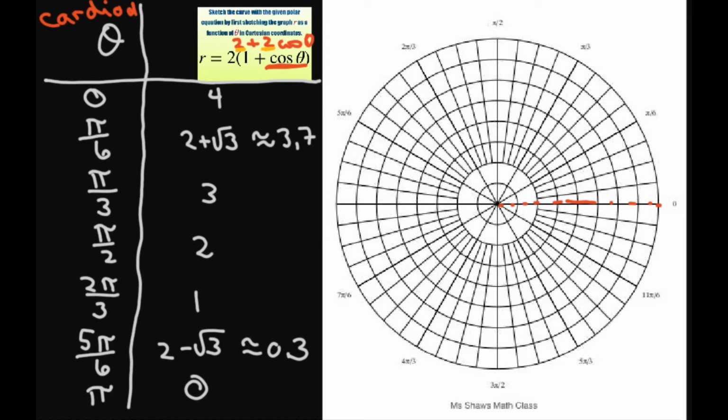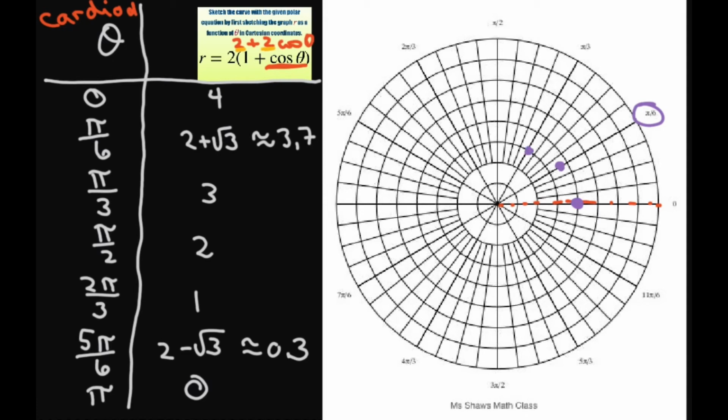So let's graph this. At 0, we're out to 4. So 1, 2, 3, 4. I'll put a big dot there. At pi divided by 6, we're at 3.7, which is very close to 4, and we're just sketching it a little bit. At pi divided by 3, we're at 3.